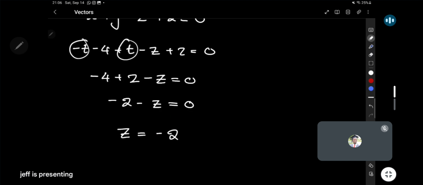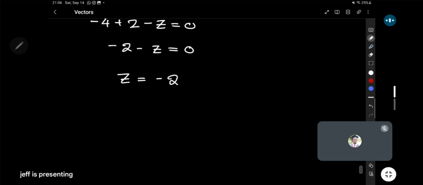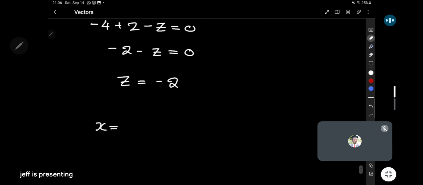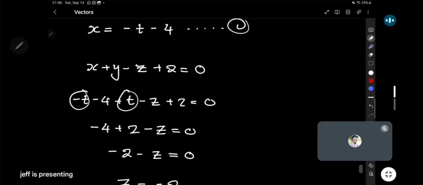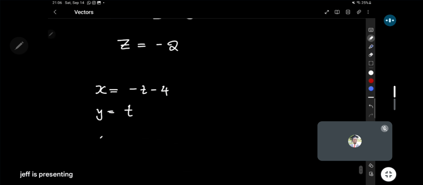So this is what z has reduced to. So when it comes to presenting the parametric equations, we have x is equals to minus t minus 4. Then we have y is equals to just t. And then we have z is equals to minus 2.